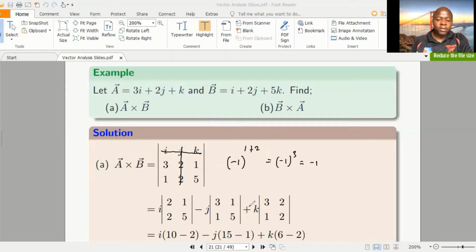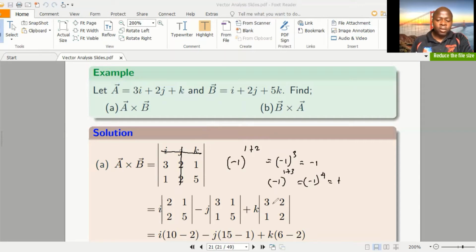We come to this, is it plus or minus? Again, we can determine that. We take negative 1 raised to the row and column of K. K is in row 1 and is in column 3. So this is an even number, so it is negative 1 raised to an even number, which gives us positive. That's why this becomes positive.